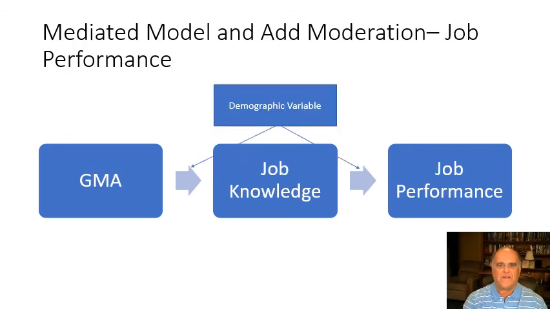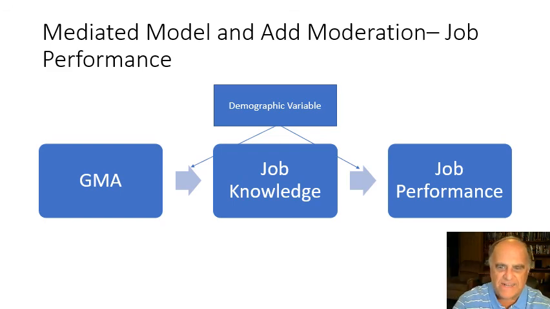Here's a model that includes both mediation and moderation. We can go back and take our model where general mental ability leads to job knowledge, which leads to job performance. The relationship between general mental ability and job performance is mediated by job knowledge. And now we can throw in a moderator, some demographic variable. Again, it could be gender, it could be race. We put it into the model.